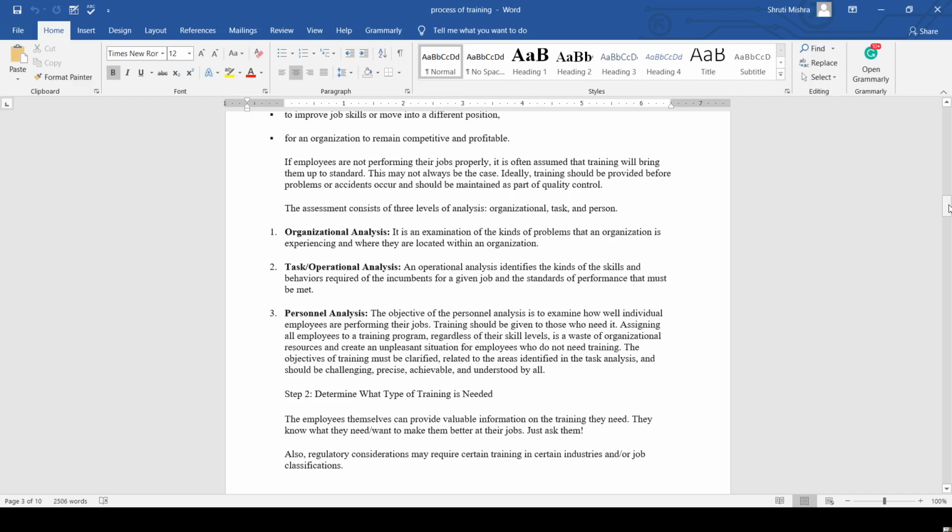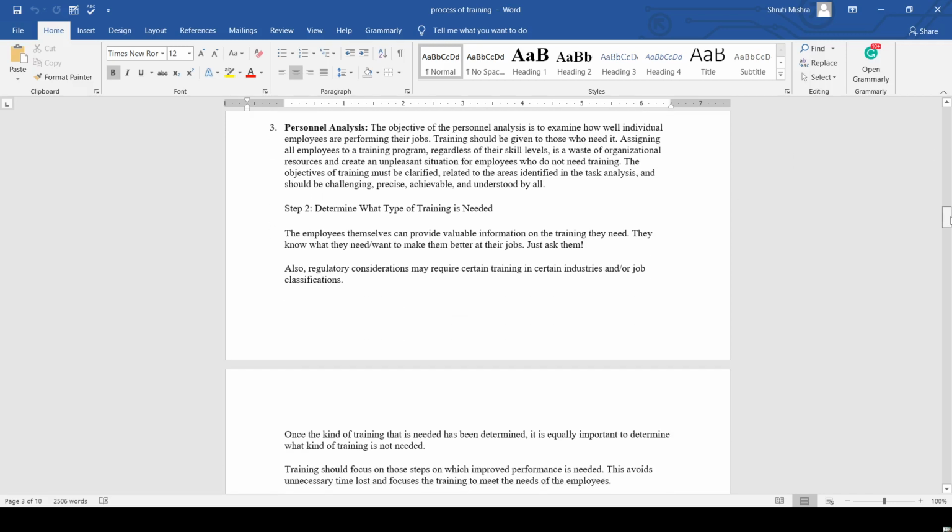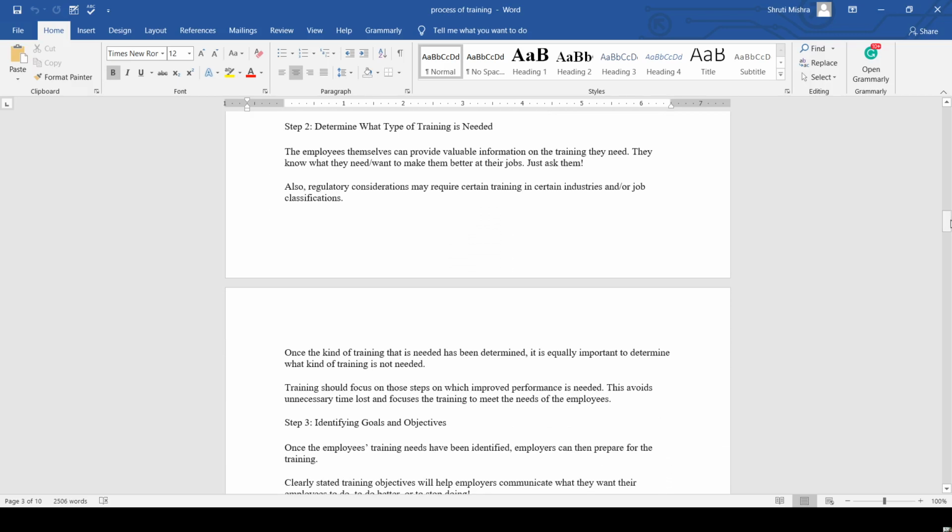The third one is the personal analysis. The objective of the personal analysis is to examine how well individual employees are performing their jobs. The training should be given to those who need it, rather than assigning all the employees to training programs regardless of the skills they have in the organization.